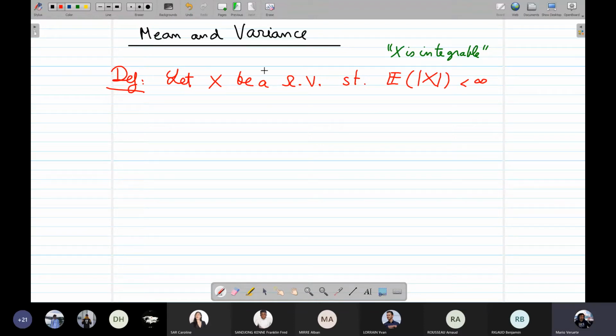So let X be a random variable such that the expectation of the absolute value of X is a finite number.